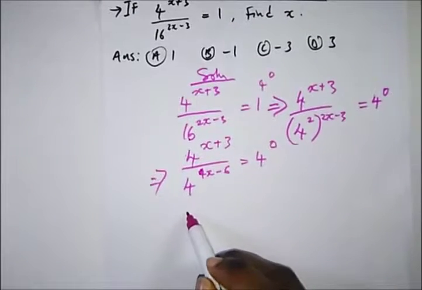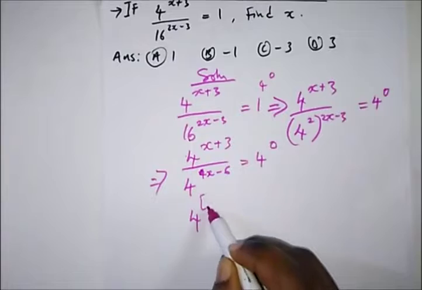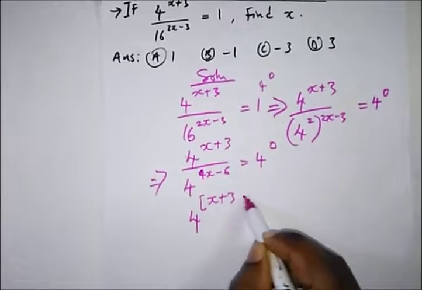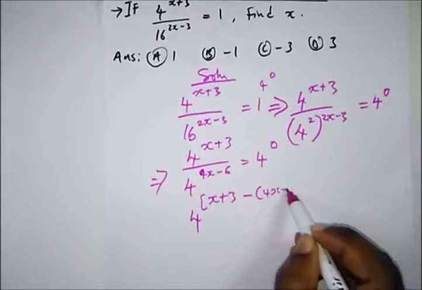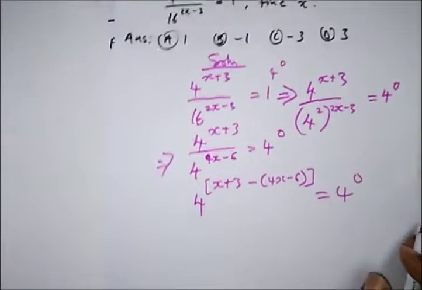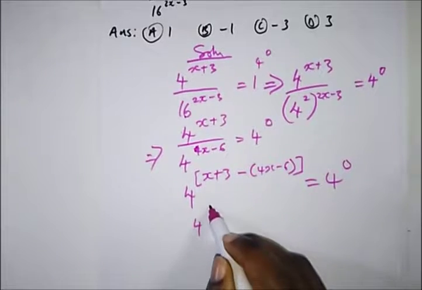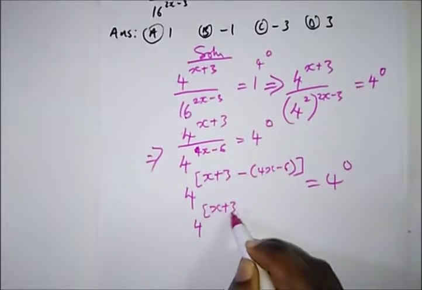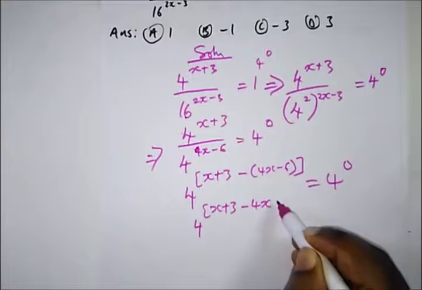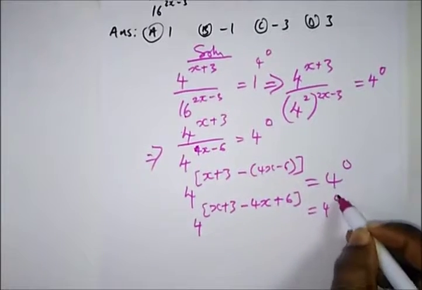So here we have 4 raised to the power bracket x plus 3 minus bracket 4x minus 6, equal to 4 raised to the power 0. Let's open this bracket up. So we have 4 raised to the power x plus 3 minus 4x plus 6 equals 4 raised to the power 0.